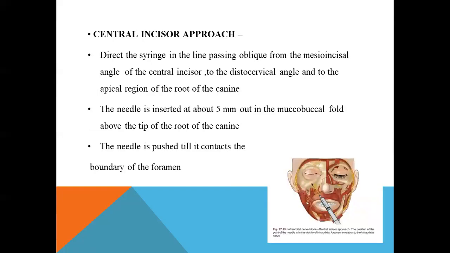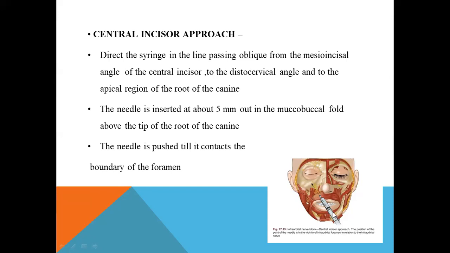Coming to the central incisor approach, this picture shows where you have to direct the syringe. The syringe has to be directed in a line passing obliquely from the mesio-incisal angle of the central incisor. With this picture, you can appreciate the mesio-incisal angle of the central incisor. You direct the syringe obliquely from the mesio-incisal angle of the central incisor, through the distal cervical angle, to the apical region of the root of the canine.